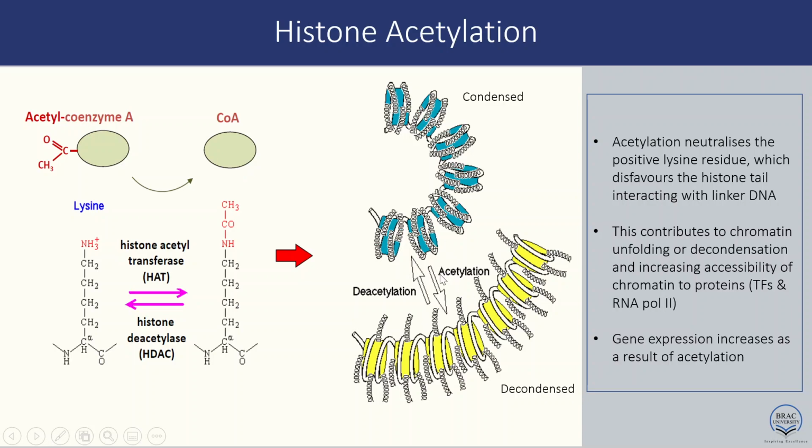You can see the arrow: the histones are acetylated. In this yellow state it is decondensed, or loosely packed, and when the acetyl group is removed, or deacetylation occurs, the histone is tightly packaged. So these two states depend on the modification, and the modification here is the acetylation.